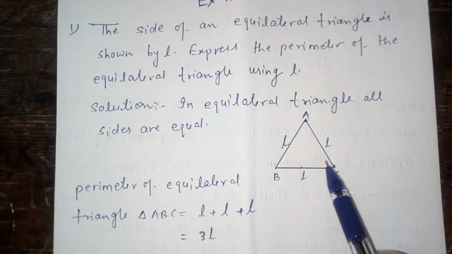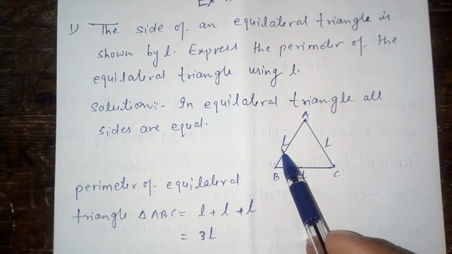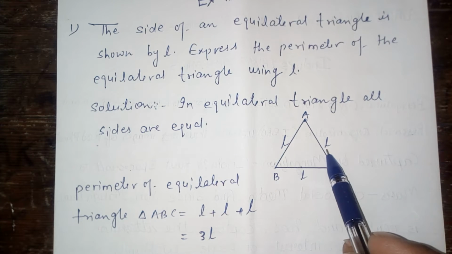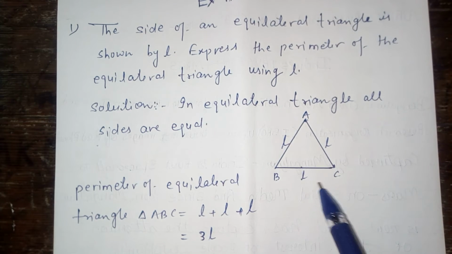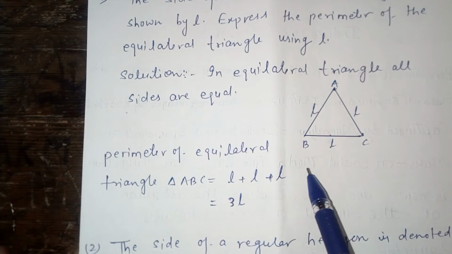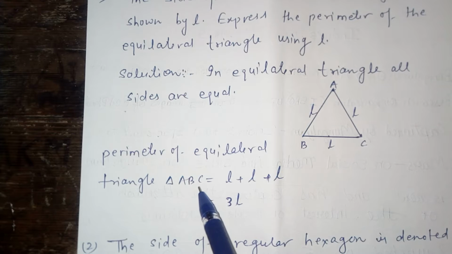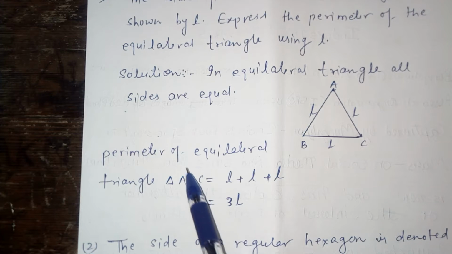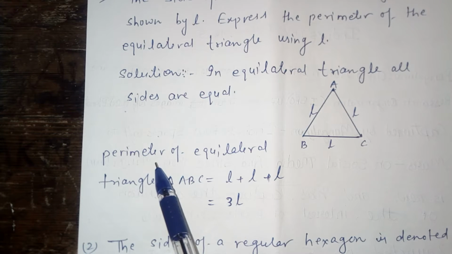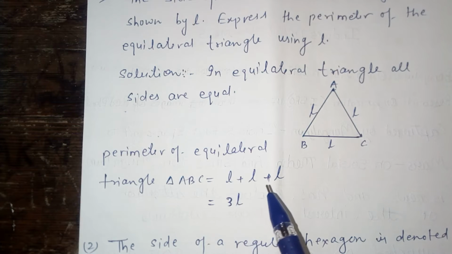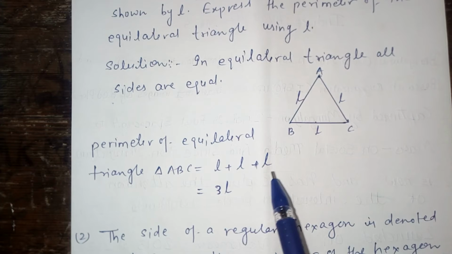So there are three sides. The first side is L, the second side is L, and the third side is L. Okay. So in this question we will find out the perimeter of an equilateral triangle. You know very well the meaning of perimeter: perimeter means the sum of all sides.